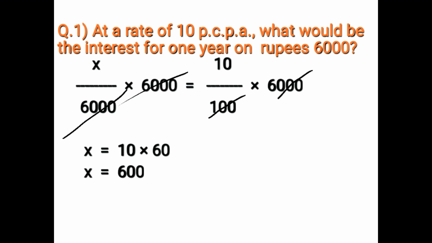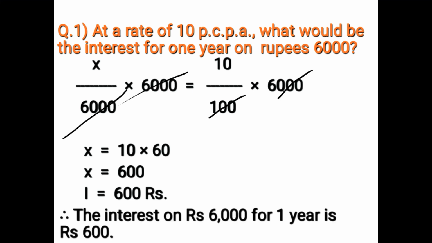X is equal to 600. Interest is equal to 600 rupees. Therefore, the interest on rupees 6,000 for 1 year is rupees 600. So this way you have to solve the method, and this way you have to write the last statement of what was asked in the question.